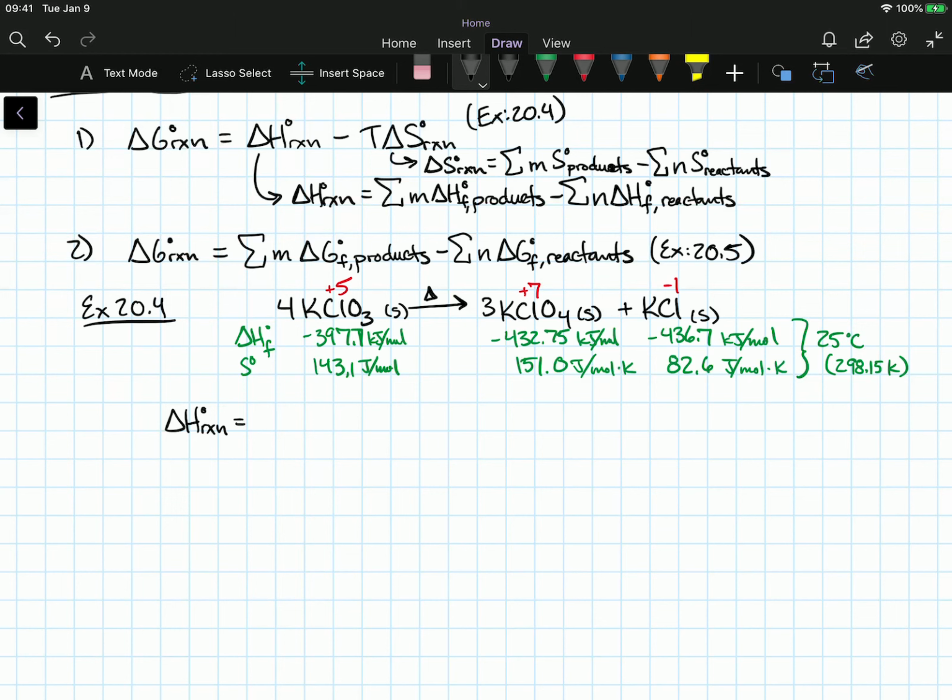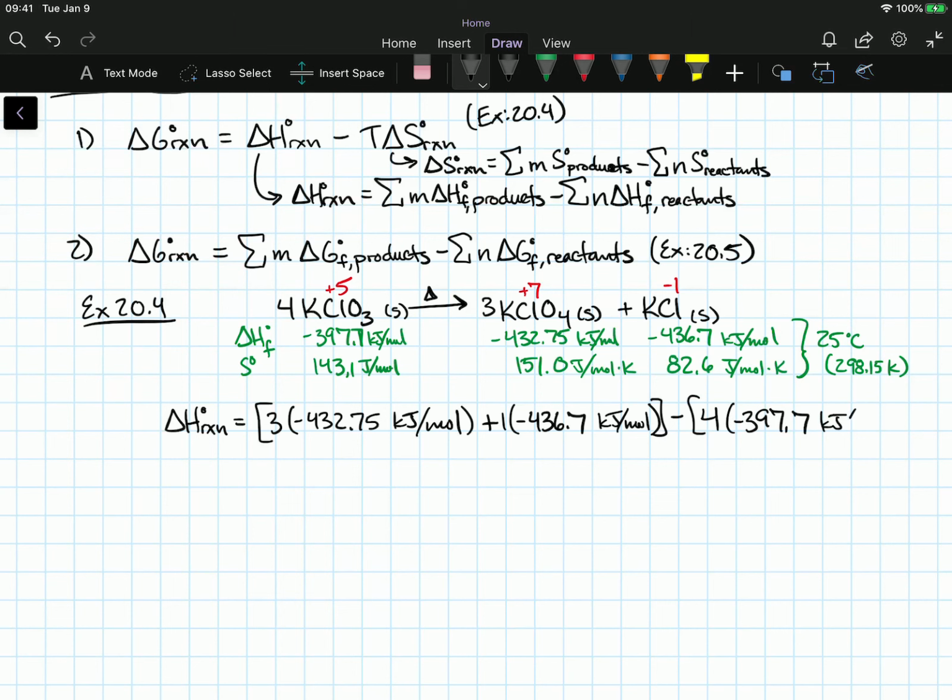So looking up here, my product for the perchlorate, it's going to be 3 moles times the negative 432.75 kilojoules per mole plus 1 times the negative 436.7 kilojoules per mole. And that's all going to be minus the reactants, which was 4 times negative 397.7 kilojoules per mole.